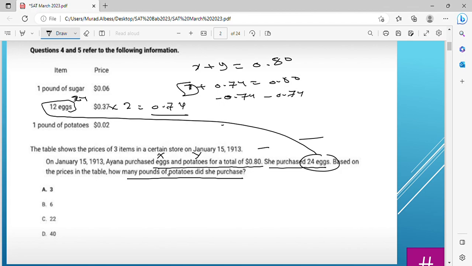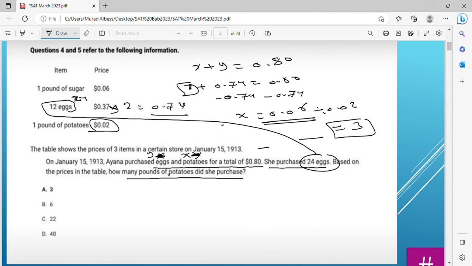So x equals 0.06. That's for the potato. Now every pound is 0.02, so I will divide by 0.02, and I get 3. So the answer here is 3.